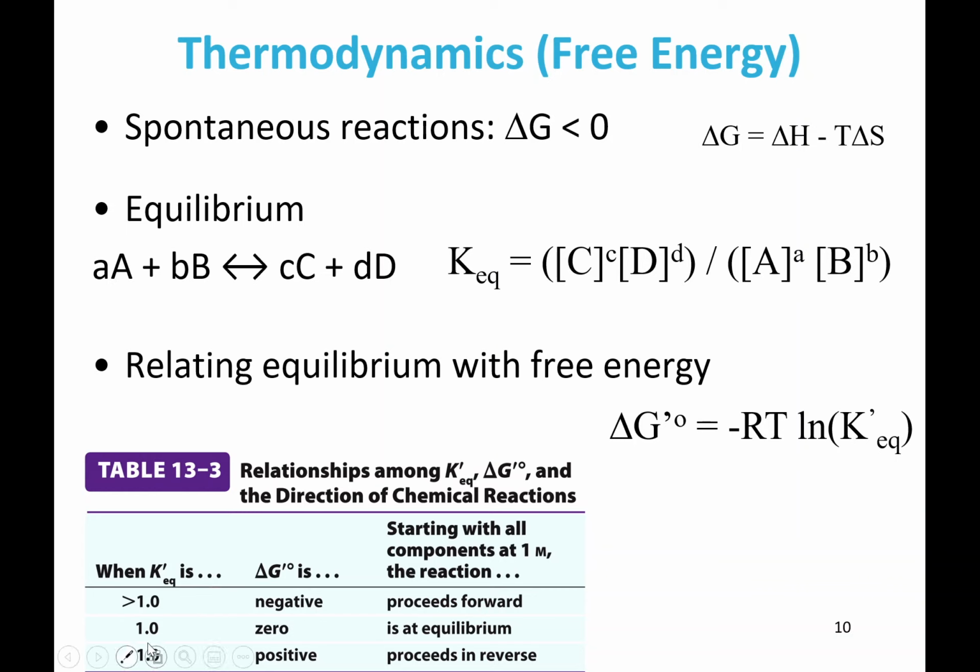If KEQ is less than 1, delta G is positive, which means the reaction will proceed in the reverse direction. If KEQ is exactly 1, delta G naught prime is 0, and when a reaction has a delta G value of 0, it is at equilibrium.